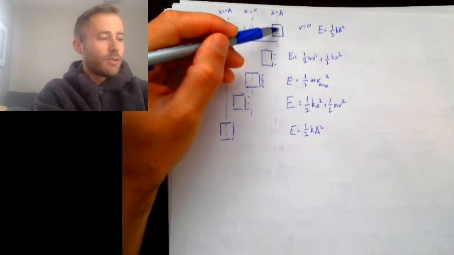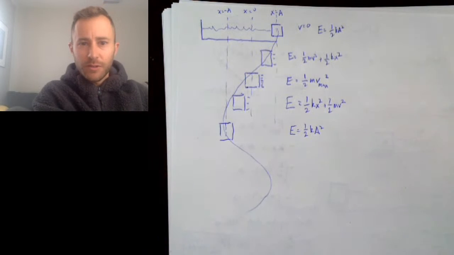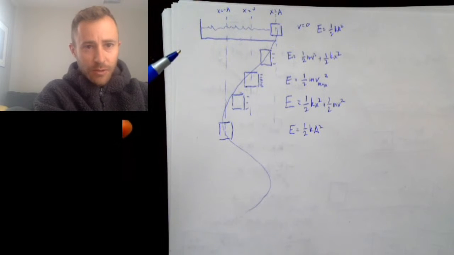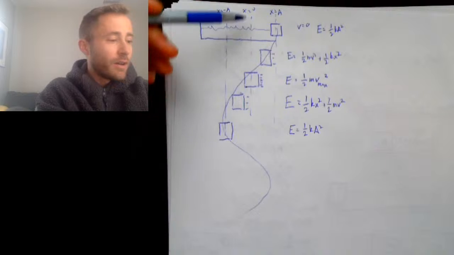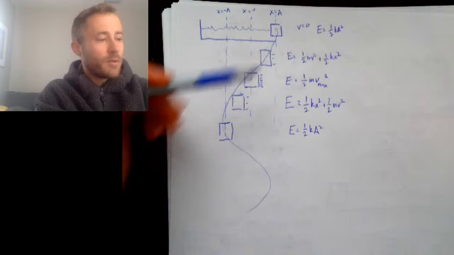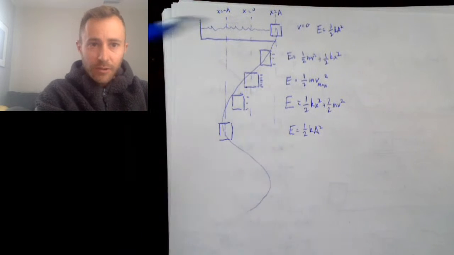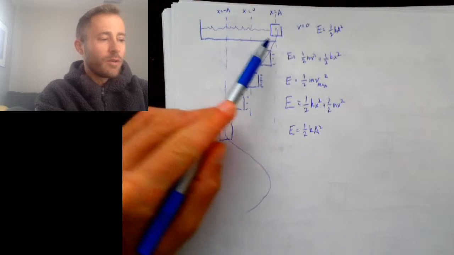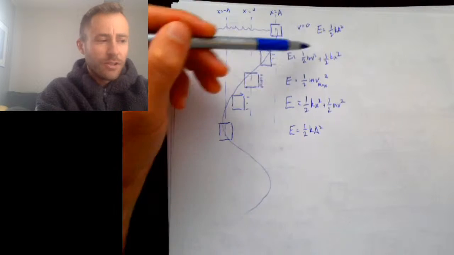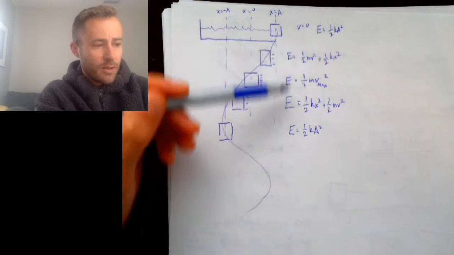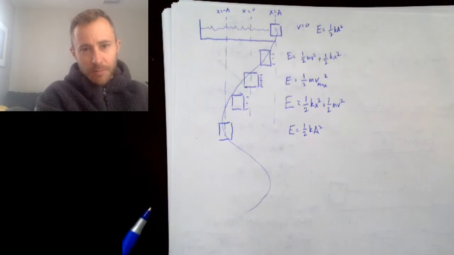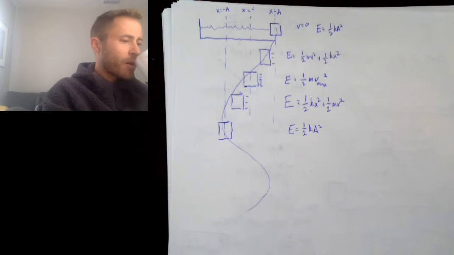And so it just goes back and forth. We have this exchange between elastic potential energy and kinetic energy. We have all kinetic energy when we are in the center of the oscillation, and all potential energy when we're at the extreme sides of the oscillation. And when we're not at the center or at the extreme, we have both. The energy is the same no matter what, but what I'm doing in writing this out is showing you what form the energy is taking at each moment. All right?